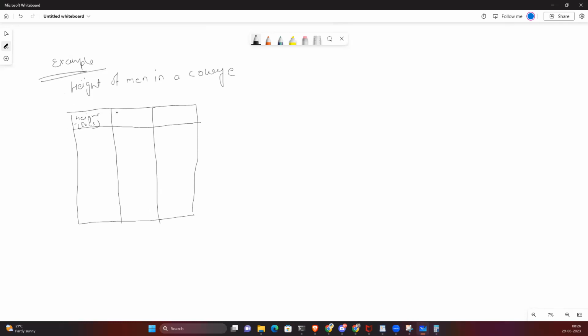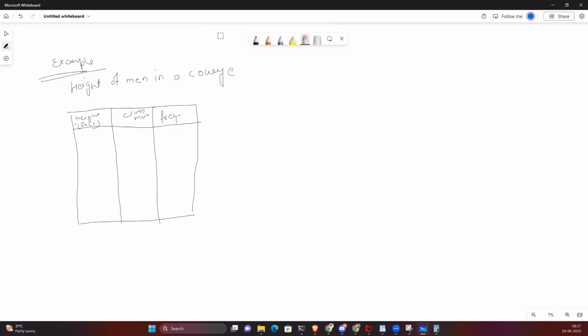And then we have class mark, and then frequency. Frequency means how many data points fall within the range. We have to give the result in inches, right?